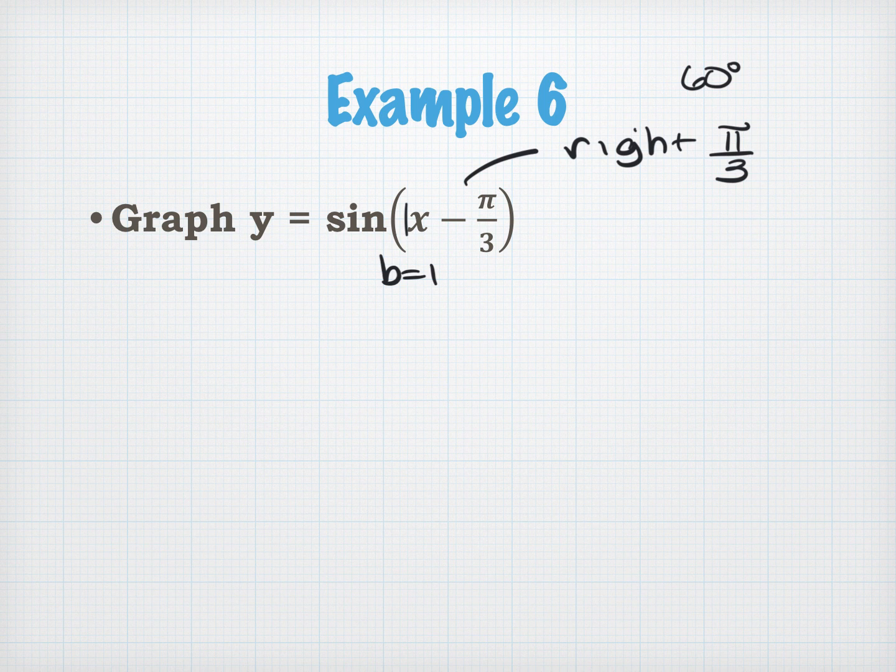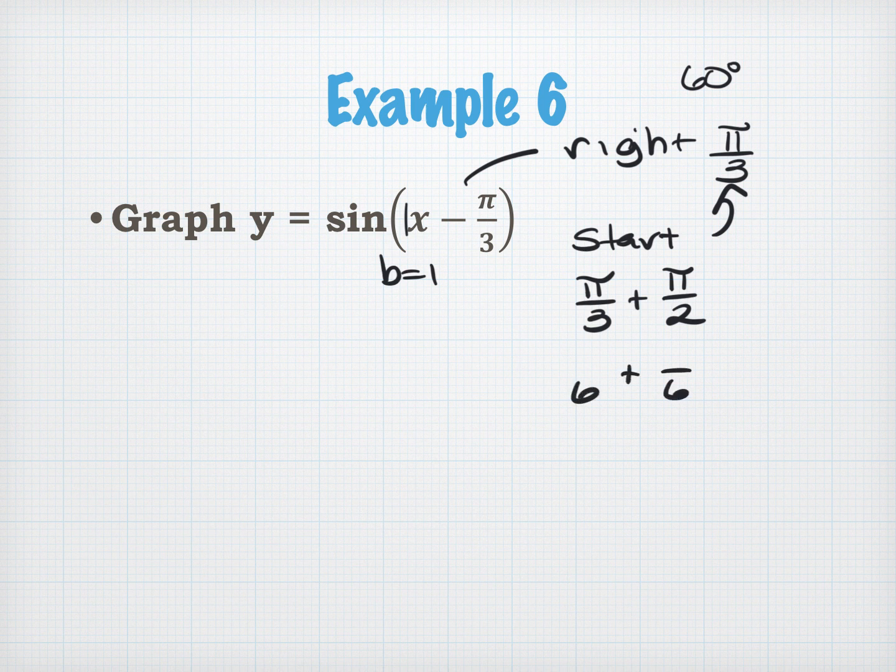I'm going to take this starting point. So I start at pi over 3, and I need to add pi over 2. I'm spacing them all 90 degrees or pi over 2 apart. I need to find a common denominator. My common denominator here is going to be 6.